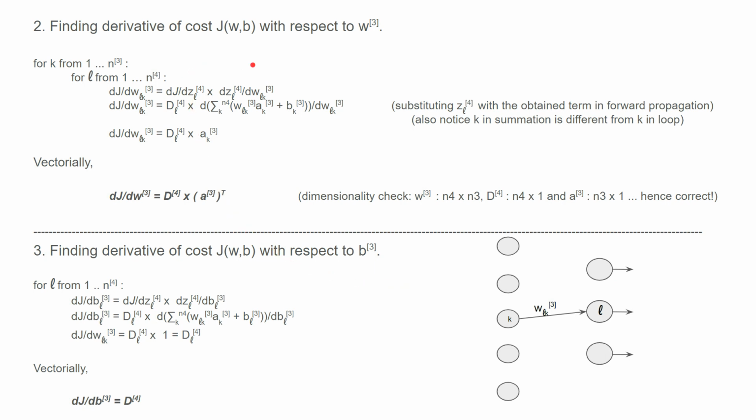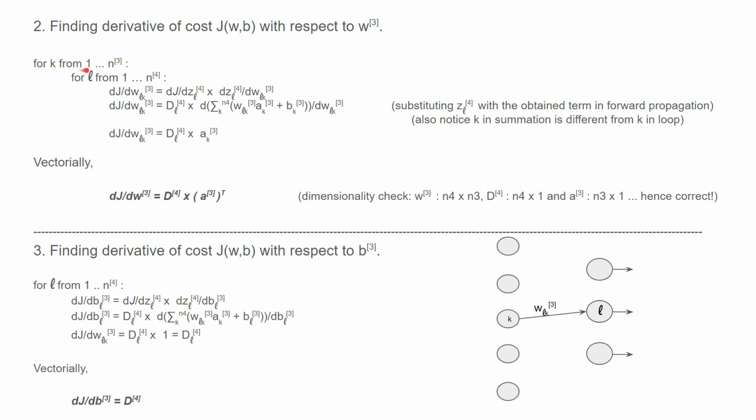So now we are moving towards the second step, finding derivative of cost J with respect to W3. For k from 1 to n3, since in W3 there are n4 cross n3 elements, we will differentiate with respect to each element and see how it comes.